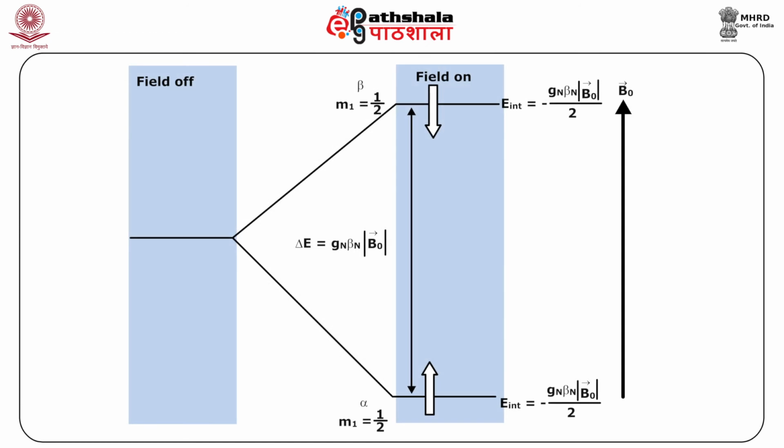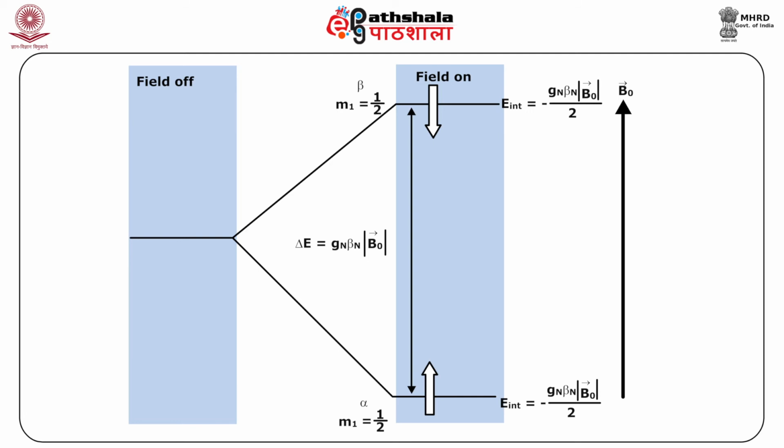For proton and 13 carbon nuclei which have I equal to half, there are two mI values, plus half and minus half, as shown in the figure. Thus, if these nuclei are placed in an external magnetic field, they can only be regarded as being effectively lined up with the field, mI equal to plus half, or against the field, mI equal to minus half.